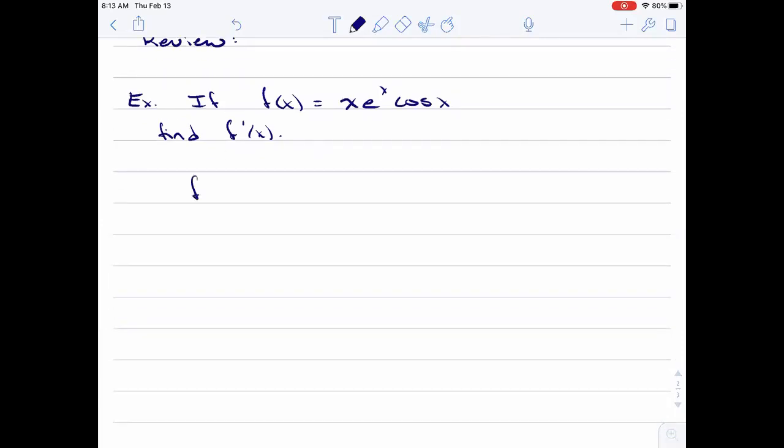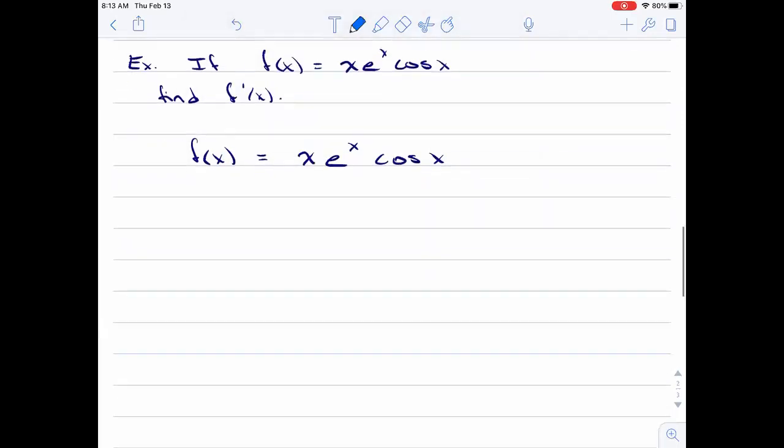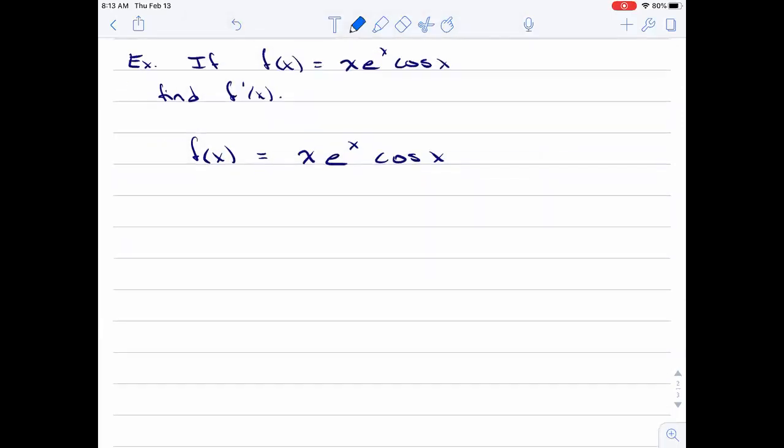We've got f of x is x e to the x cos x. x is a function, e to the x is a function, and cos x is a function. And so we've got a product of 3 functions here.